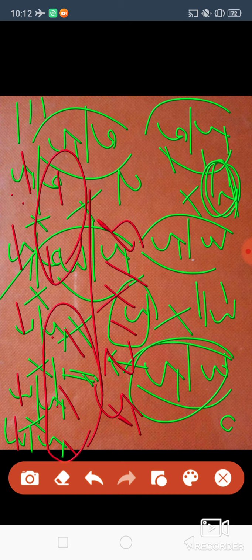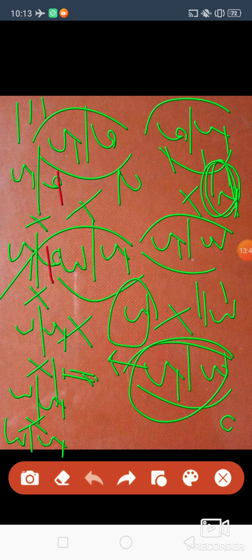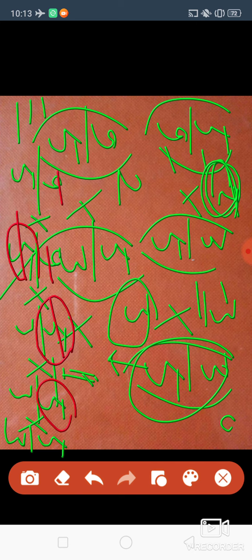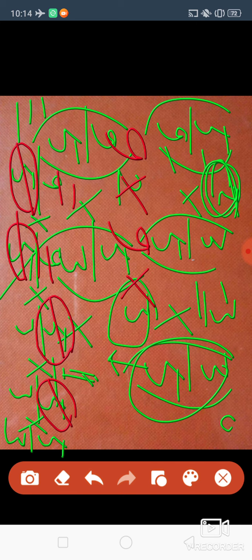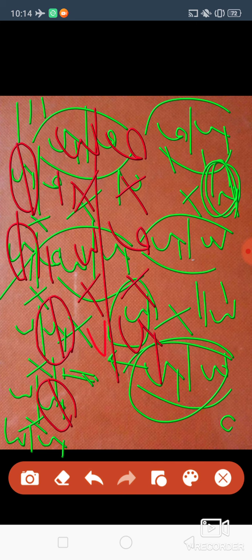Or there is another way: you can simply cancel. This 5 will be cancelled, and again this 5 and this 5 will be cancelled. In the numerator we are getting 9 into 9 into 5, and in the denominator 3 into 3 into 3.